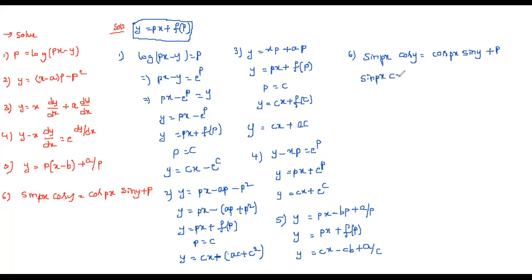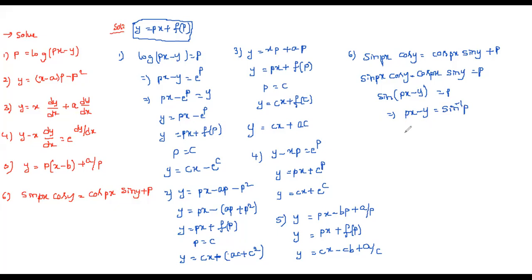Then sin px into cos y minus cos px into sin y is equal to p. What we can write in place of this, if you see that sin a cos b minus cos a sin b, is it or not? Sin a cos b minus cos a sin b is nothing but sin(a minus b). So sin(px minus y) is equal to p. But I require only px and y. So for that, px minus y is equal to sin inverse p, taking that sine to the other side. But I require it in the form of y is equal to px.